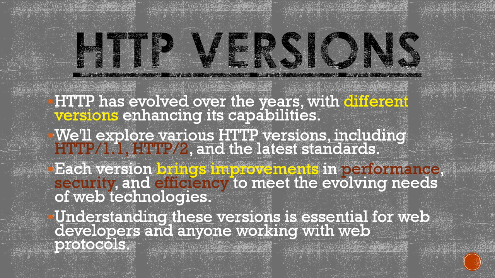And then after HTTP 1.1, the major improvement was HTTP 2. The major update in HTTP 2 was performance. It introduced features like header compression, multiplexing, and prioritizing of requests, aiming to reduce latency as much as possible and enhance the loading speed of web pages, etc. Now, HTTP 3 is also being developed, and it also aims to improve the HTTP protocol in all these areas.